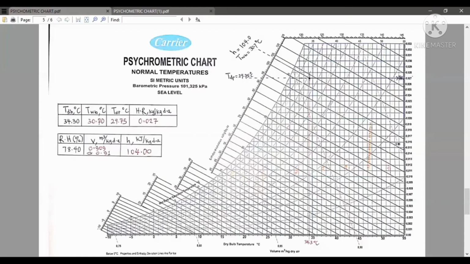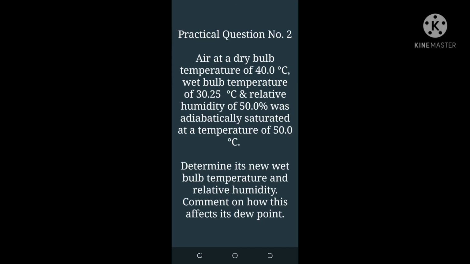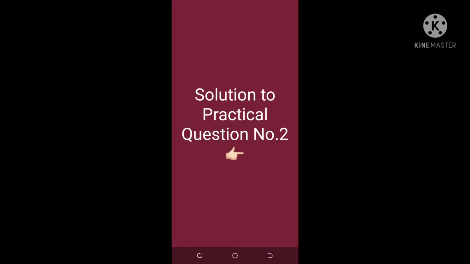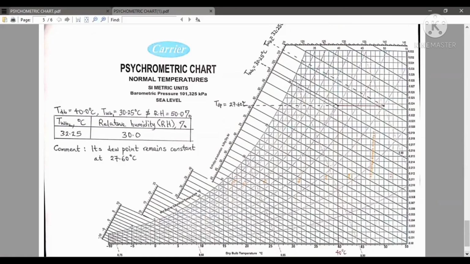Now, let's have a second practical exercise. From the second exercise, we'll see that we're given about 3 data, which are the dry bulb temperature at 40 degrees centigrade, the wet bulb temperature at 30.25 degrees centigrade, and the relative humidity at 50%.